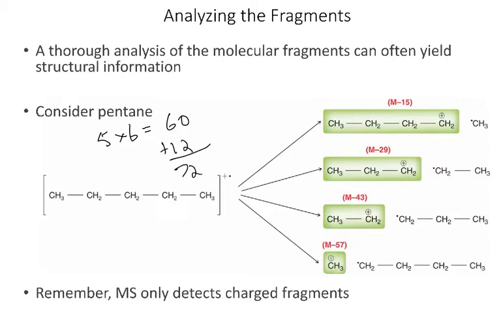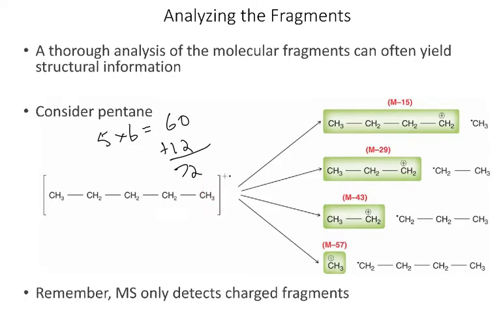So the molecular ion peak for pentane is going to occur at a mass to charge ratio of 72. But when we fragment pentane, we can typically break it off here, where we're essentially chopping off this methyl group. And a methyl group has a mass of 15: 12 for the carbon, 3 for the hydrogens.